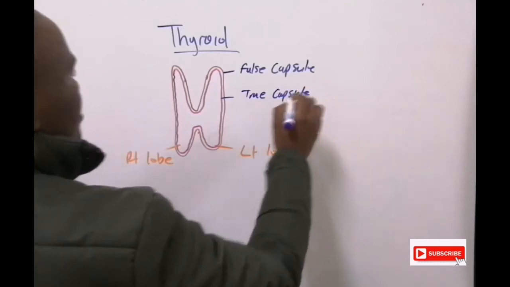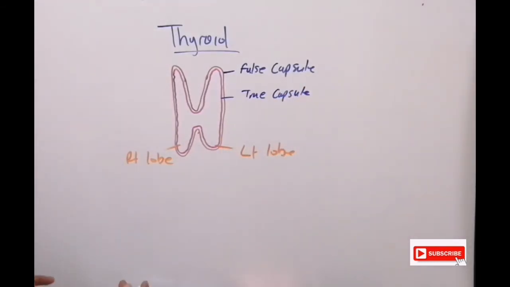I think the reason for that is because the true capsule is the one that actually wraps itself around the thyroid gland, while the false one also wraps other structures and extends to become part of the fascias in the neck, the cervical fascia, all those things.